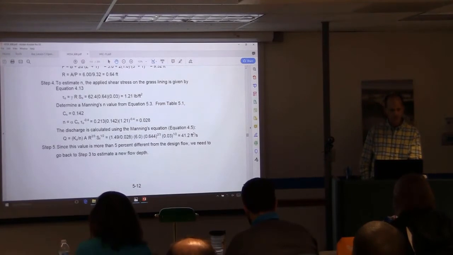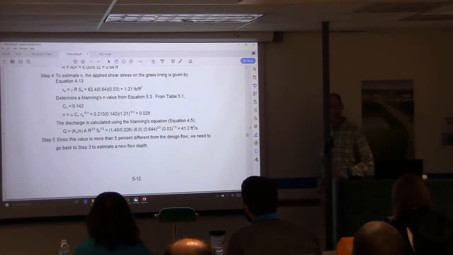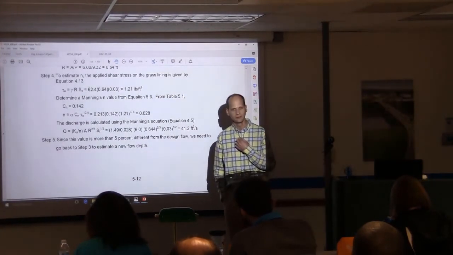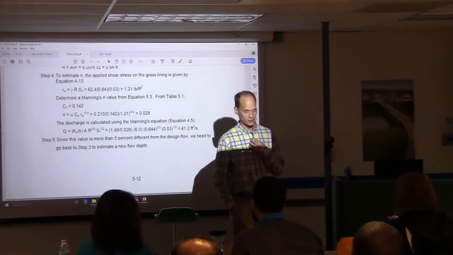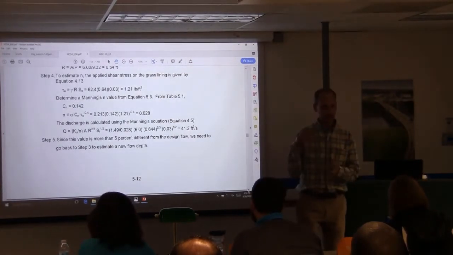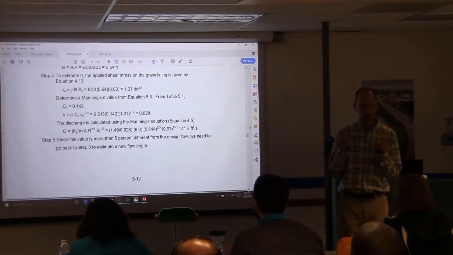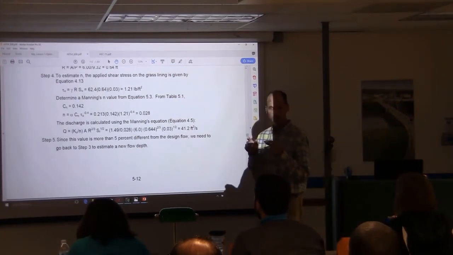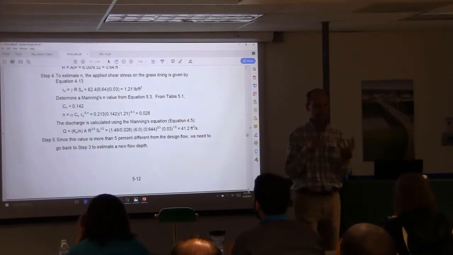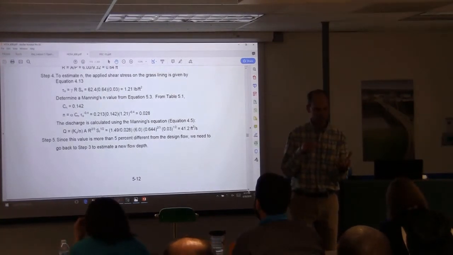The other thing that makes this complicated is we need a roughness, a Manning's n. And we're dealing with open channel flow, shallower flow, larger roughness elements, so we're considering relative roughness. So our roughness is dependent upon the depth that we initially guess at. Okay?